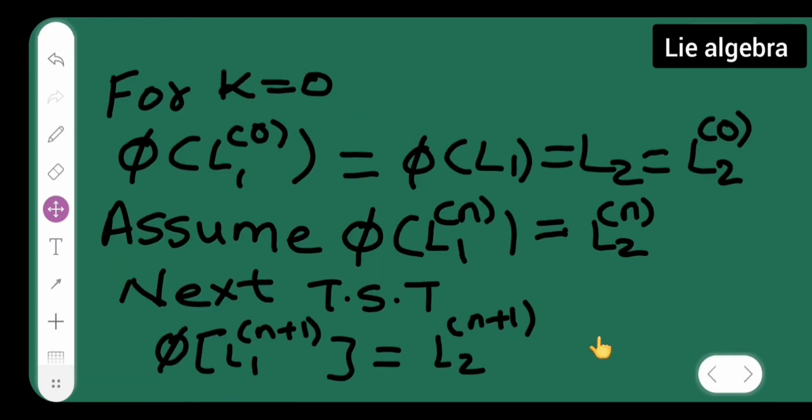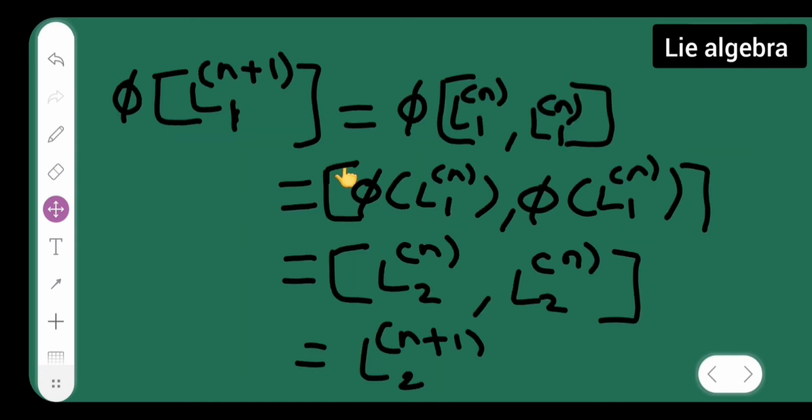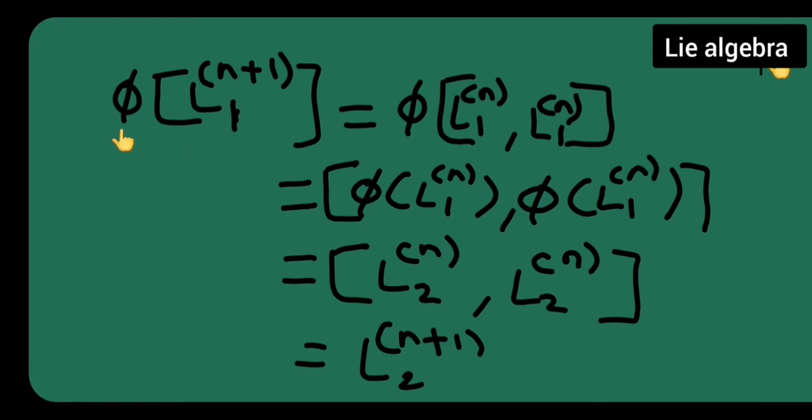Now I take phi of L1 to the power n plus 1 in the bracket. Now this is equal to what? This is written in this form: phi of the Lie bracket of L1 to the power n, comma L1 to the power n.